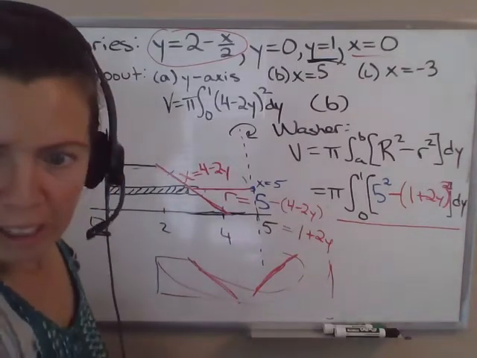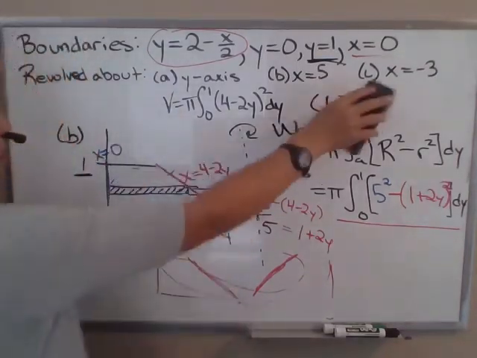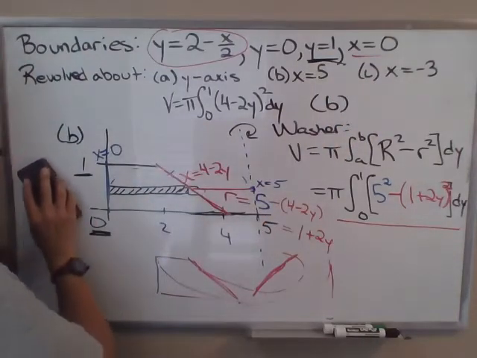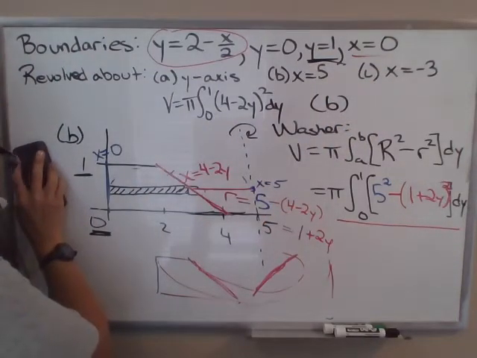Okay, so one last one. I know this video is getting a little long, but I'm going to do one more, if it's revolved about x equals -3. So pause it now if you want to see what's on the screen.